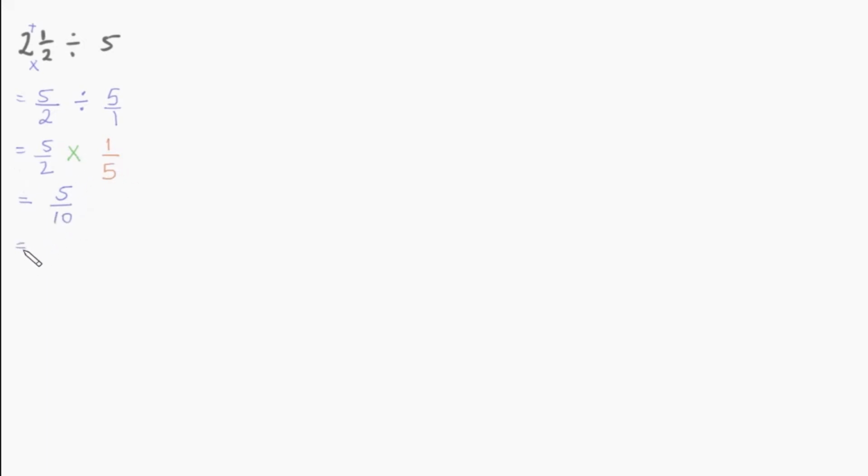Now you look at your numerator and your denominator, and ask yourself: is there any common factor between the two? Yes, the common factor is 5. So 5 into 5 goes 1 time, 5 into 10 goes 2 times. So you have simplified, and now you have 1 over 2 as the final answer.